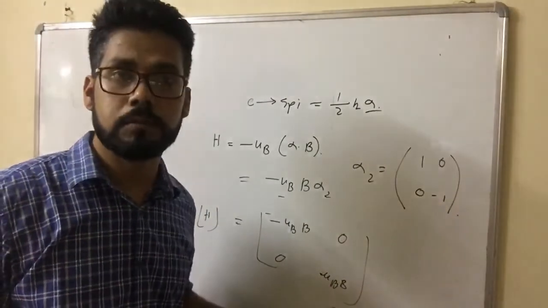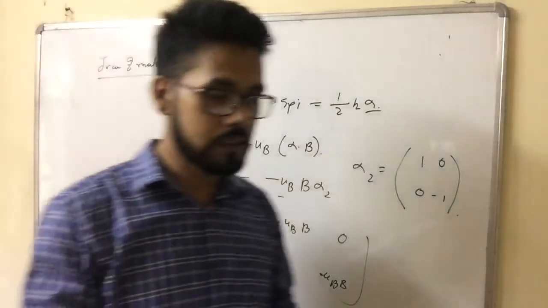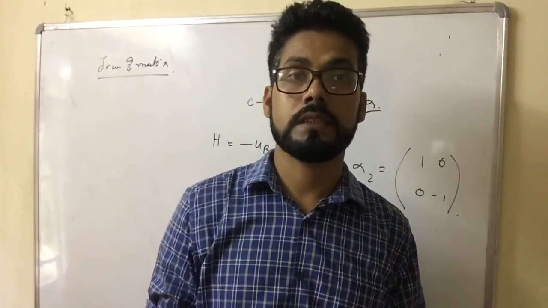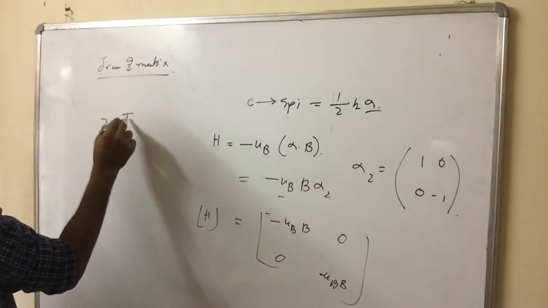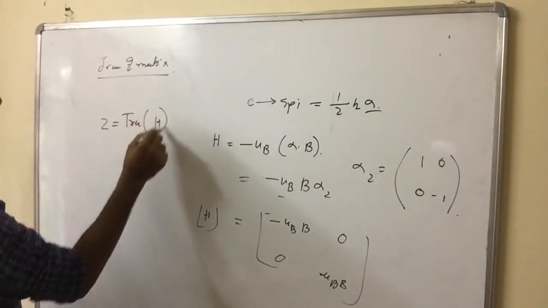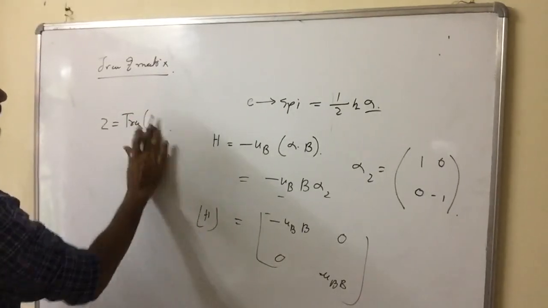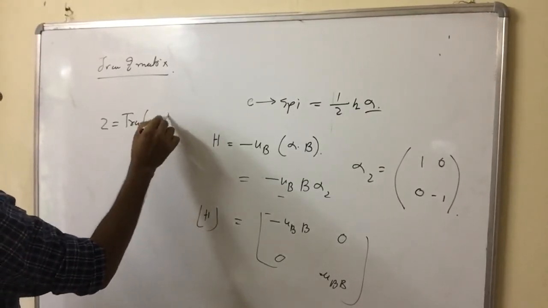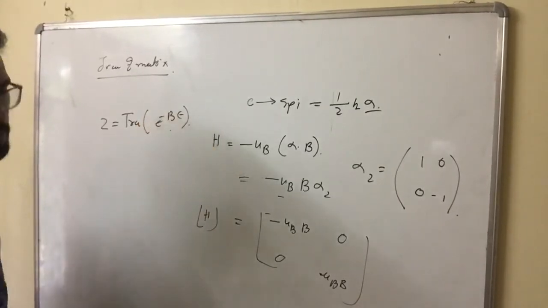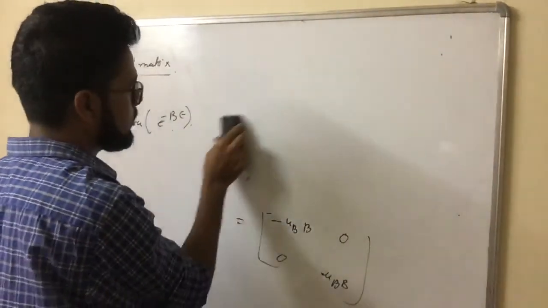Then what is the partition function? Now this question comes in the exam: calculate the partition function of this system. Then it is very easy. The partition function is the trace of e to the power minus beta H. Hamiltonian means total energy.